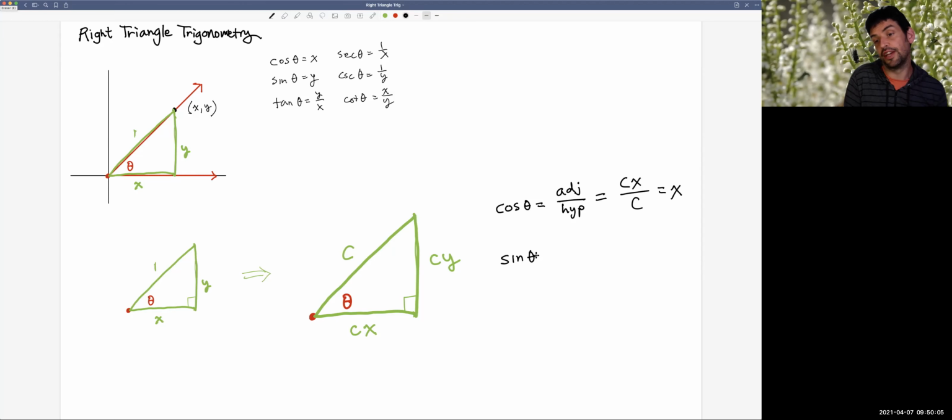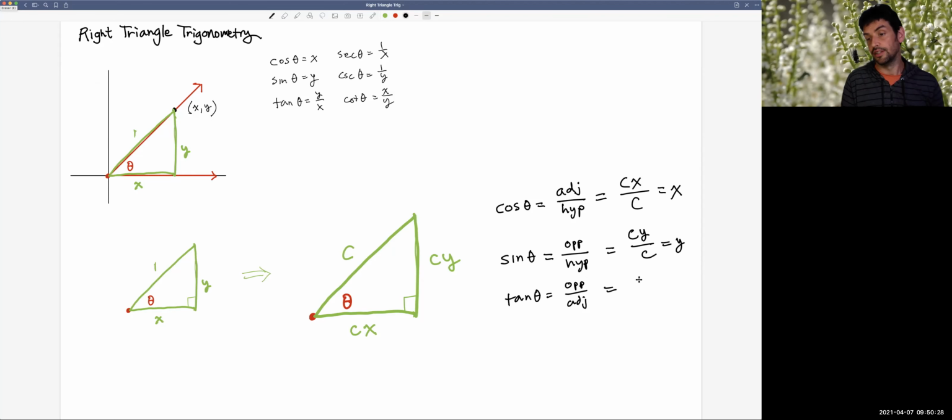Sine of theta is going to be equal to the opposite side over the hypotenuse. The opposite side is the side across from it. So in this case, that has length cy over c or y. The tangent of theta is going to be the opposite over the adjacent. This will be cy over cx or y over x.